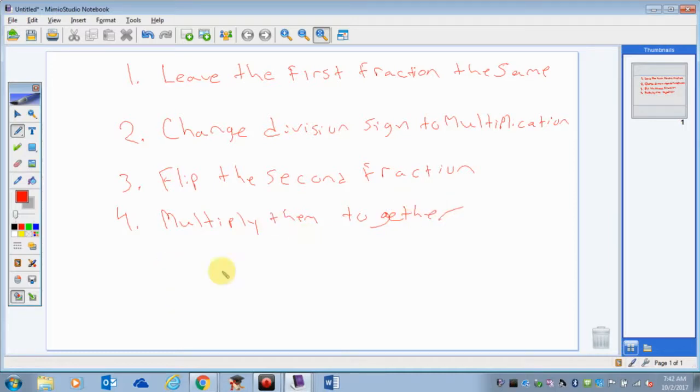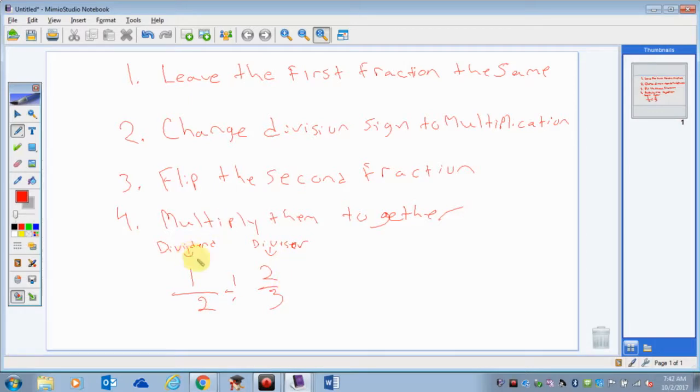Alright, and just so we're clear, I'm going to do one more sample problem. We have 1/2 divided by 2/3. We have to make sure that we know that this is the dividend, this is the divisor. So basically, I just want you to know this so that you know that you're going to flip the divisor.